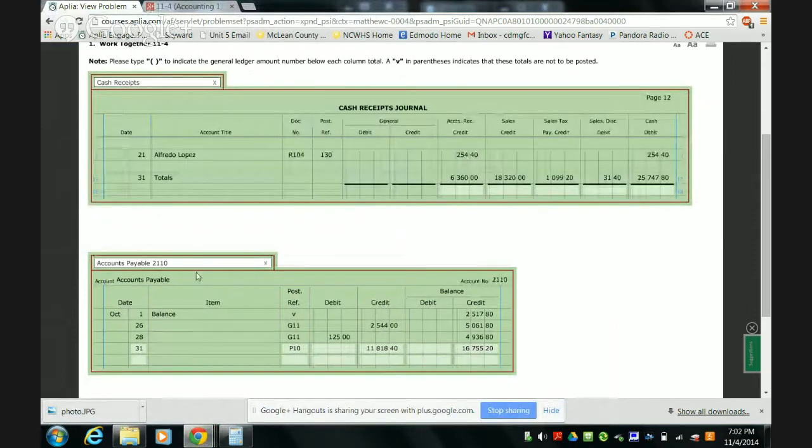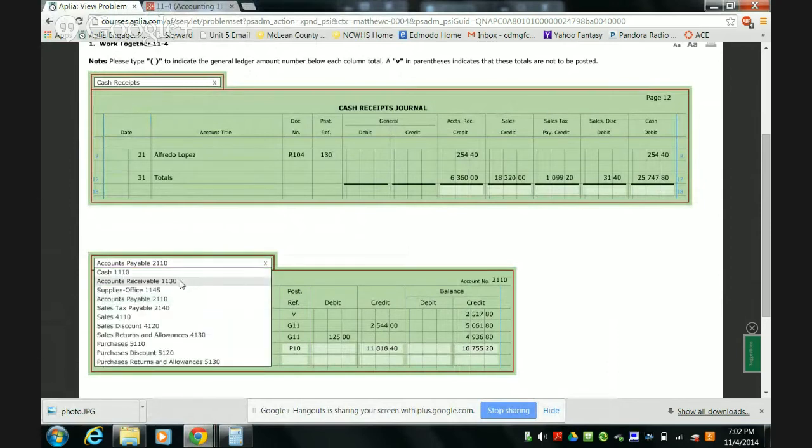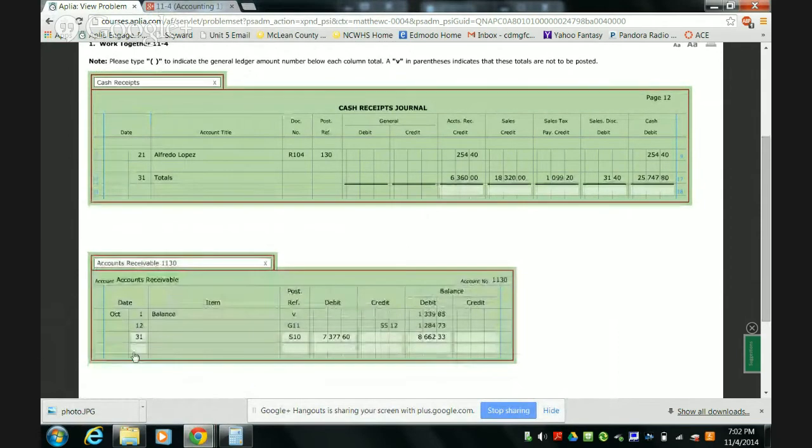Okay, so I've got accounts receivable credit. Go to my accounts receivable. First, CR12 here. And I've got an accounts receivable credit of $63.60.